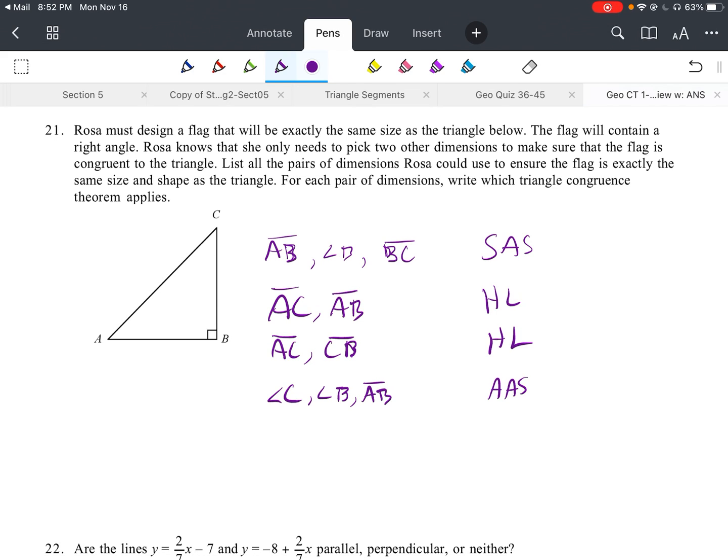Anyway, which other ones are there? Angle A, angle B, and AB. So there's one. That's the angle, angle, side. The only one I'm missing is ASA. So angle, side, angle. So that would be angle B, CB, and angle C.